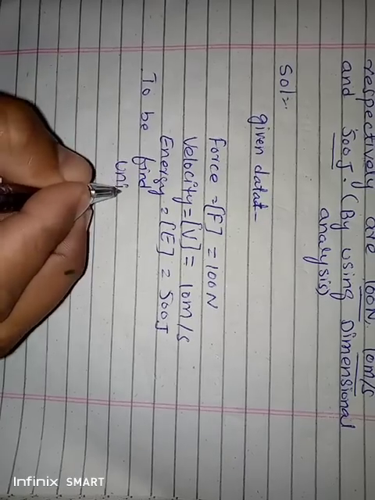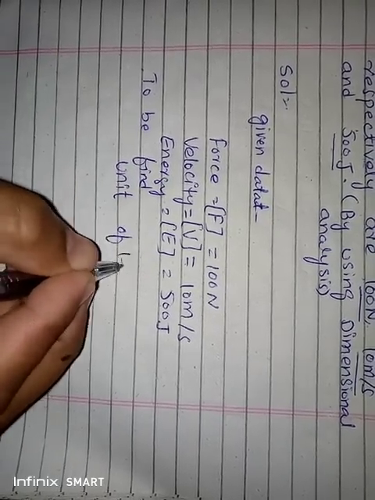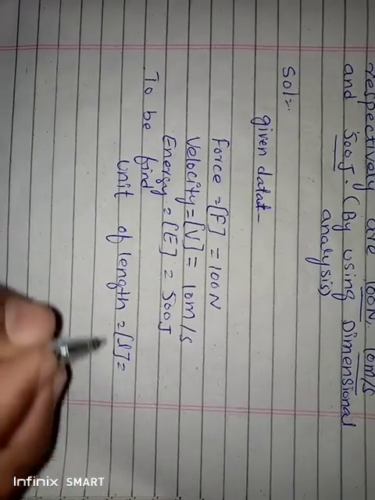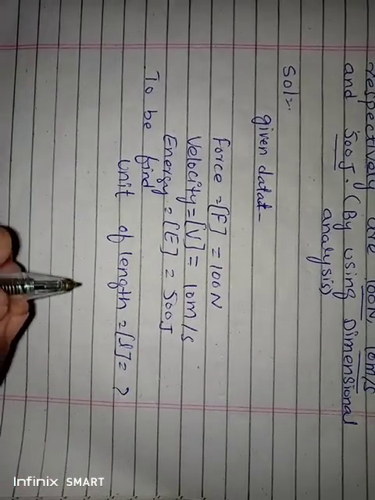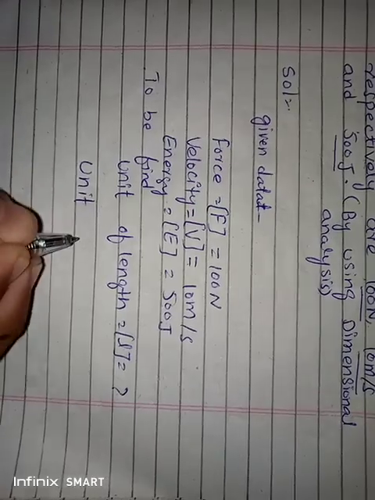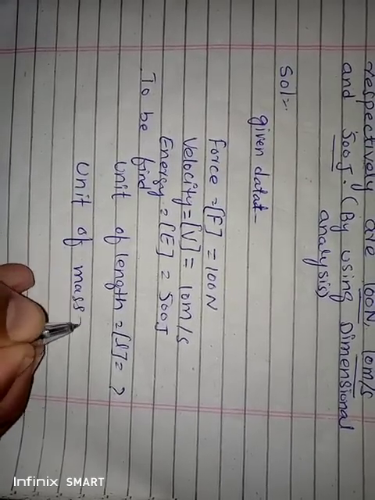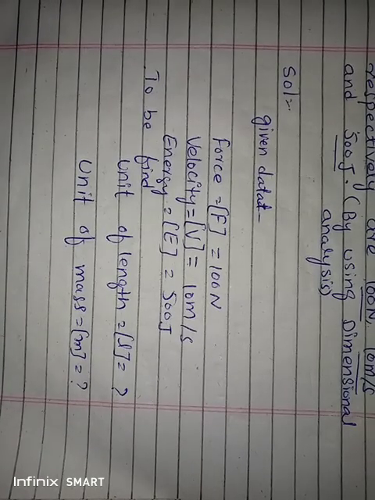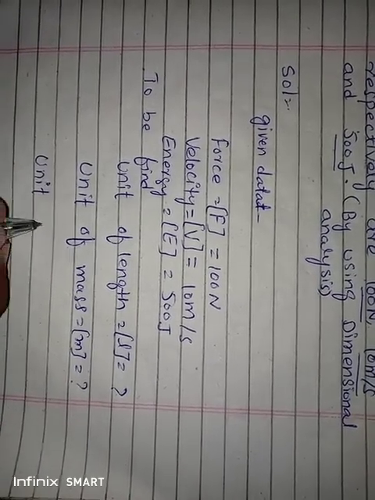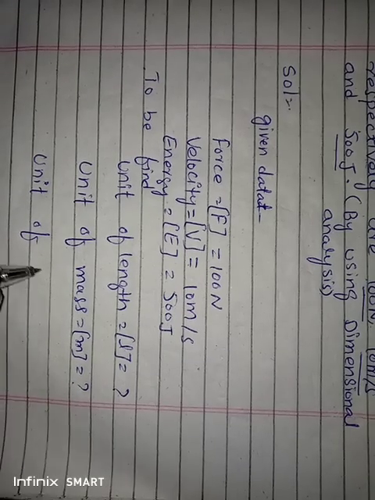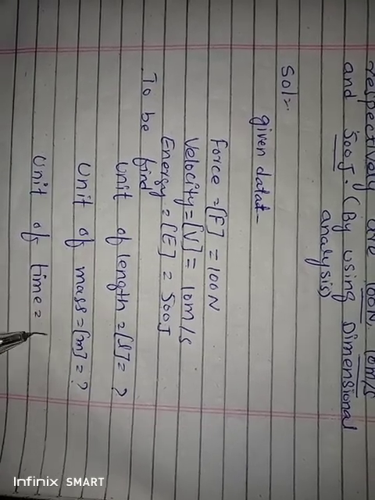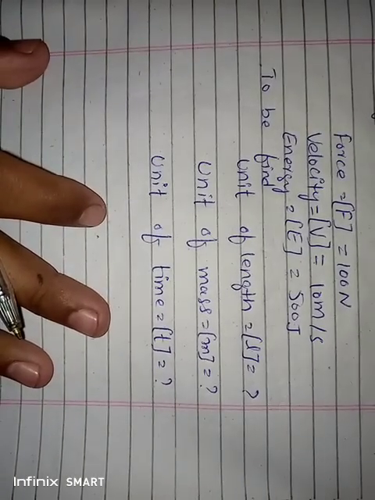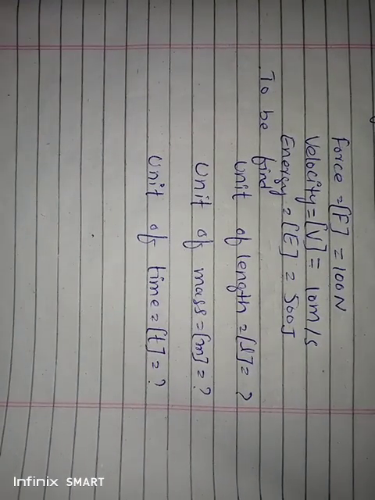First of all, the unit of length is represented by L. The unit of mass is represented by M, and the unit of time is represented by T. What are they equal to? Students, we will solve this by using some information.